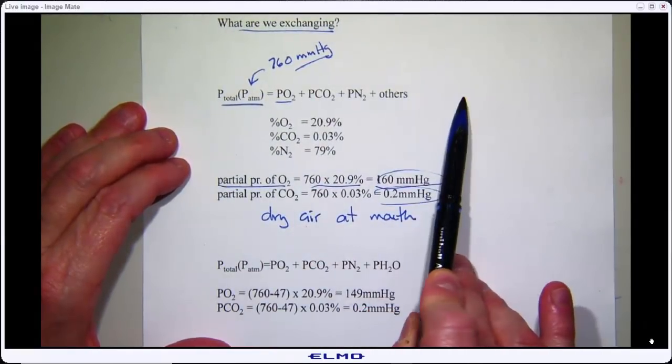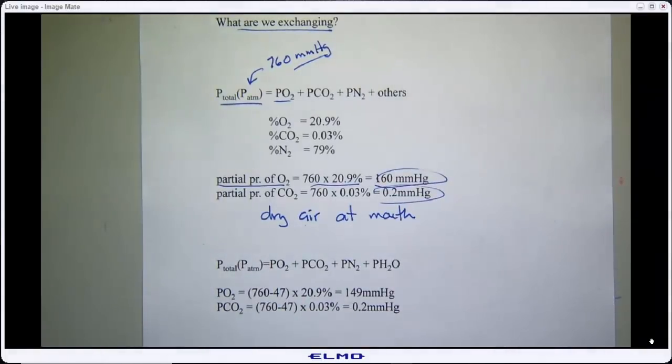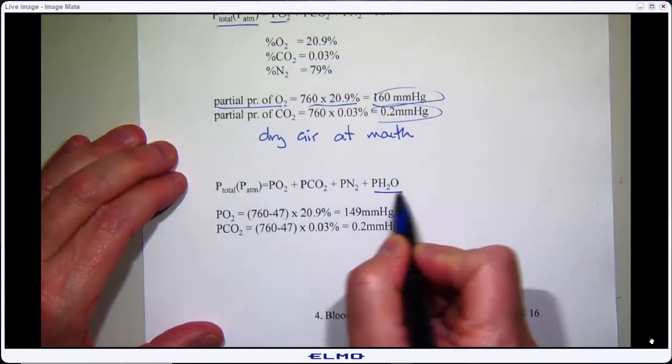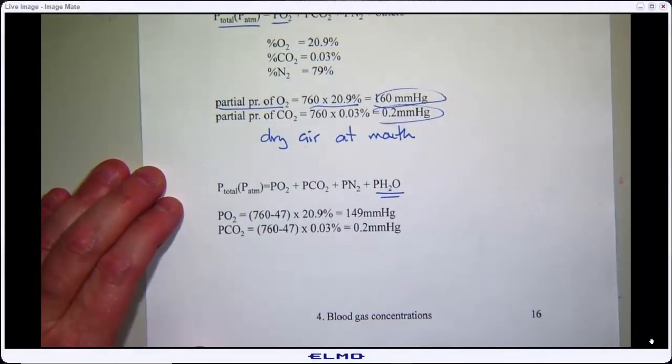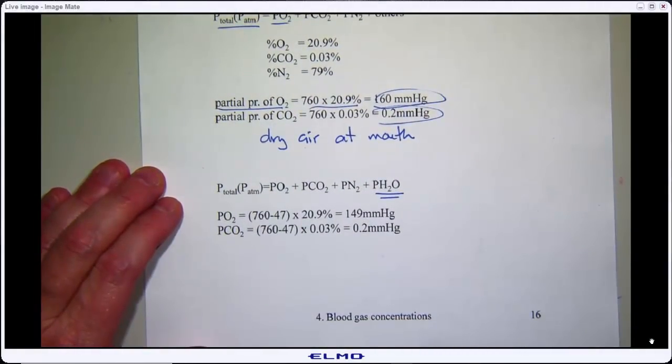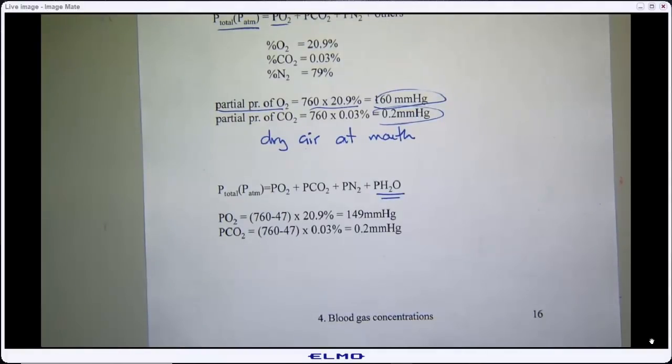We didn't use it in the calculation out here because it isn't a whole lot in the air out here, but now we have to consider it once you head into the bronchioles, because that's about to be what goes into the alveolus. So part of the pressure of the gases going into the alveolus is water, and we have to remove that amount.